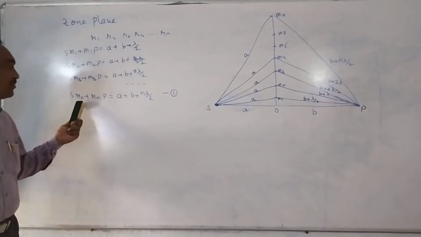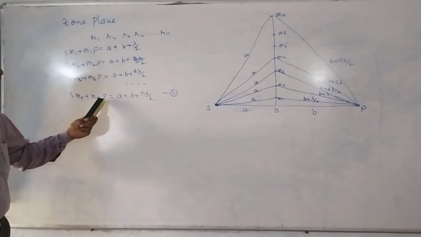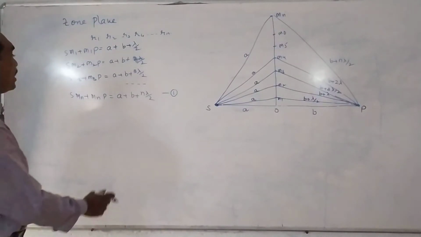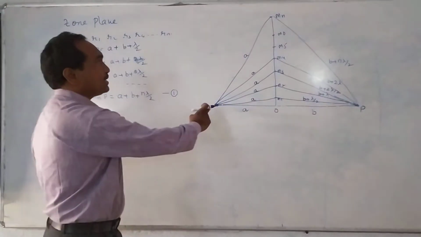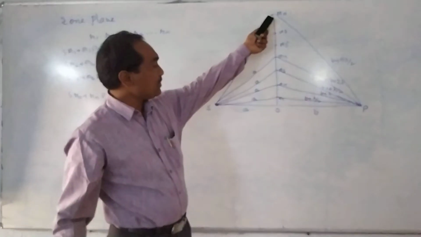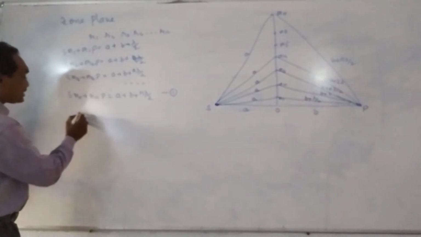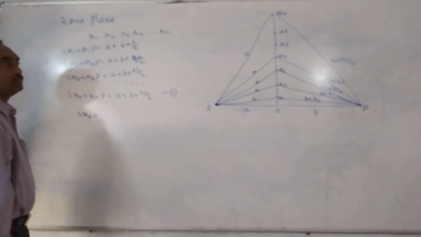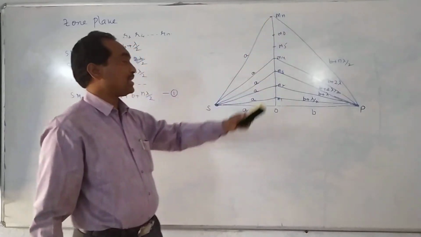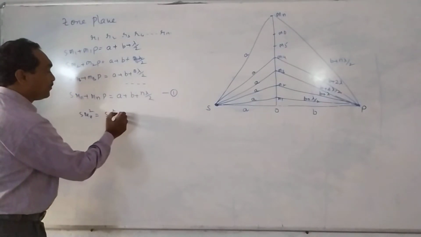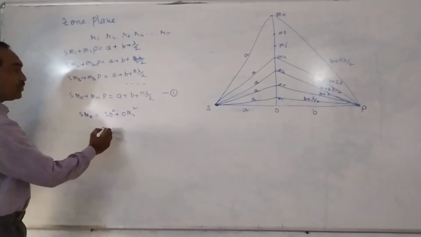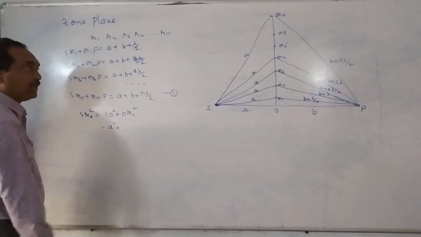In this, what is the value of SMn and what is the value of MnP? From the right angle triangle SOMn, SMn square, that is hypotenuse square, is equal to SO square plus OMn square, according to the Pythagoras theorem. SO is a, that is a square.